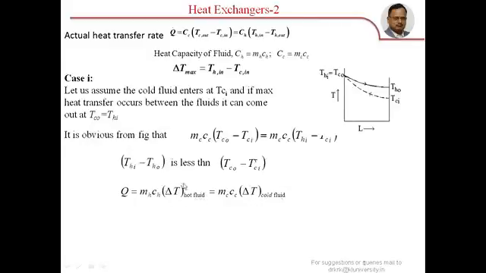Because delta T of hot fluid is small, to make this product equal, MHCH should be a higher value and MCCC should be a lower value. Hence, we can say that CH, the heat capacity of hot fluid, is greater than the heat capacity of cold fluid.